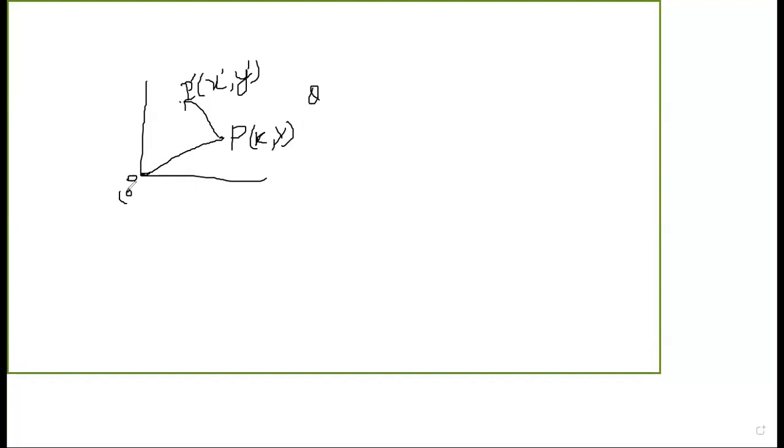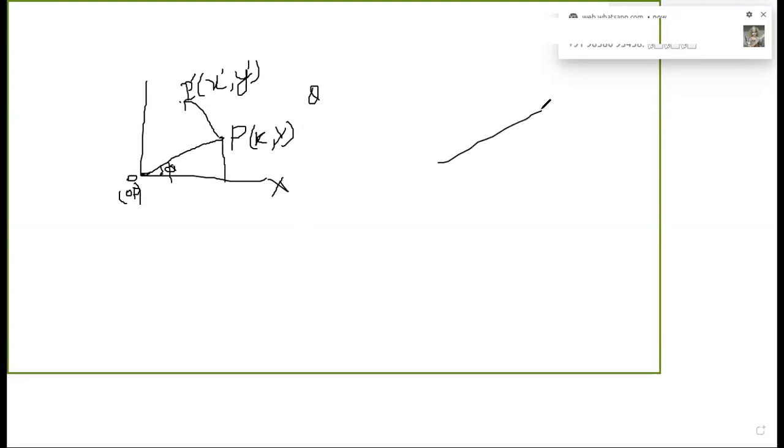Center point or origin point 0, 0. Okay. Initially, it has phi angle with the x-axis. Clear? Draw a perpendicular. You will get a triangle.